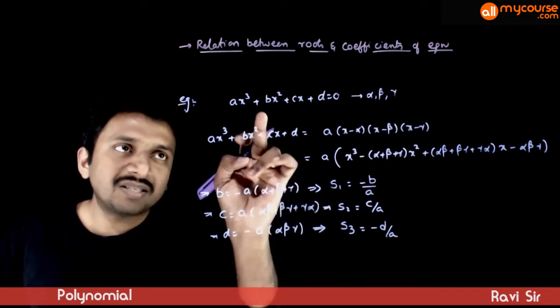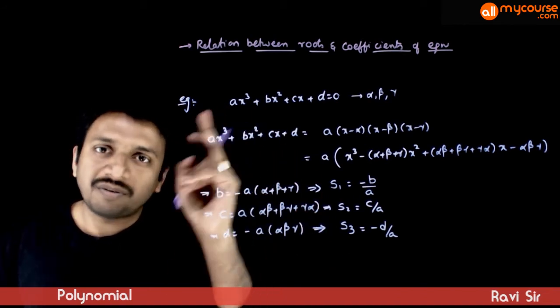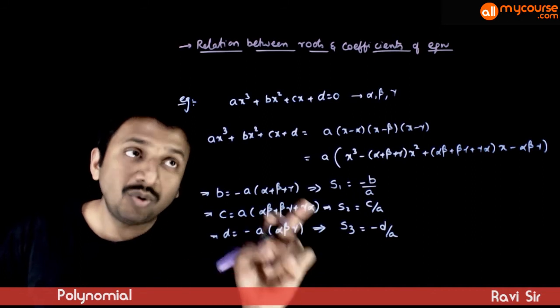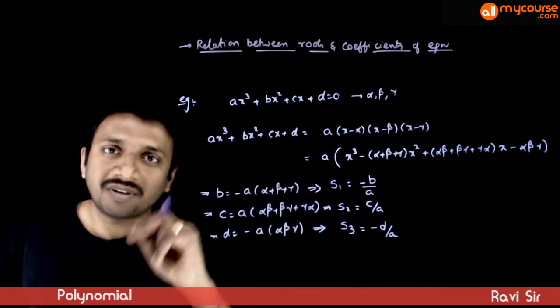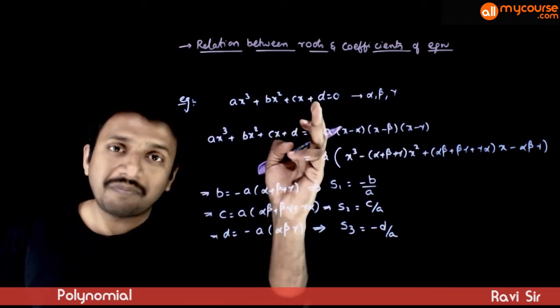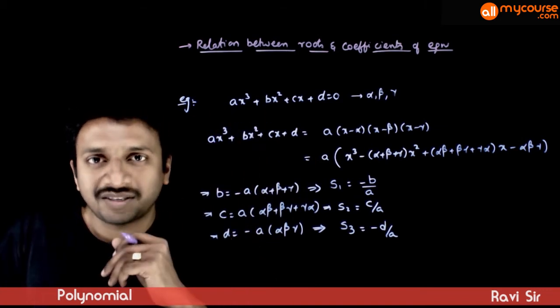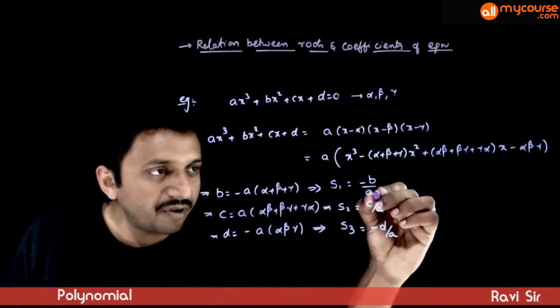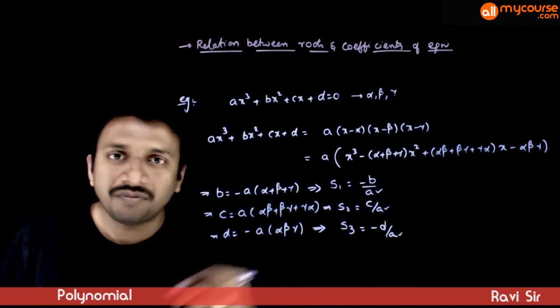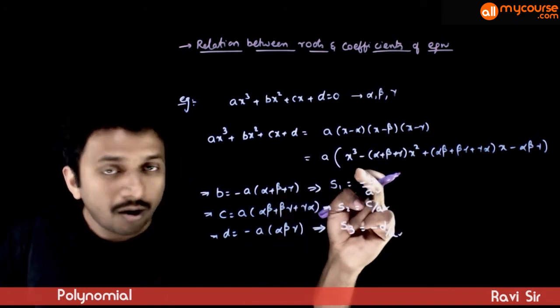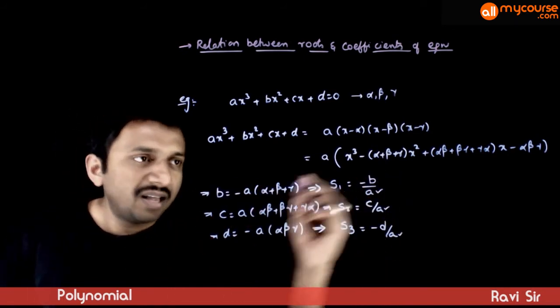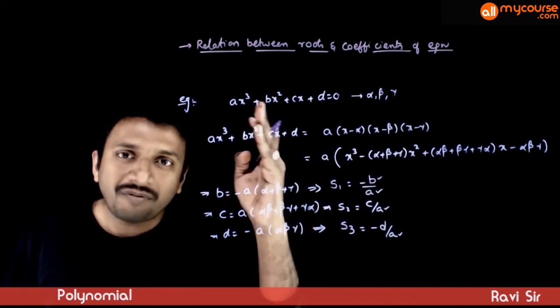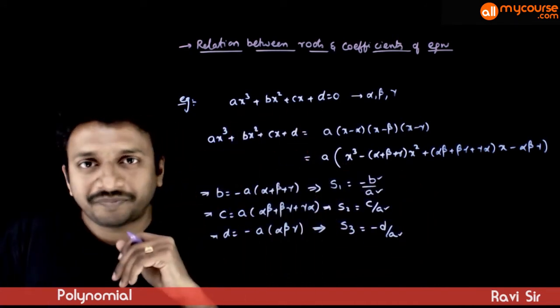So S1 is minus of the second coefficient by the first coefficient. S2 is plus of the third coefficient by the first coefficient. S3 is minus of the fourth coefficient by the first coefficient. So in all these formulas, you divide by the leading coefficient. You have alternating minus plus signs and the coefficients just go one after the other.